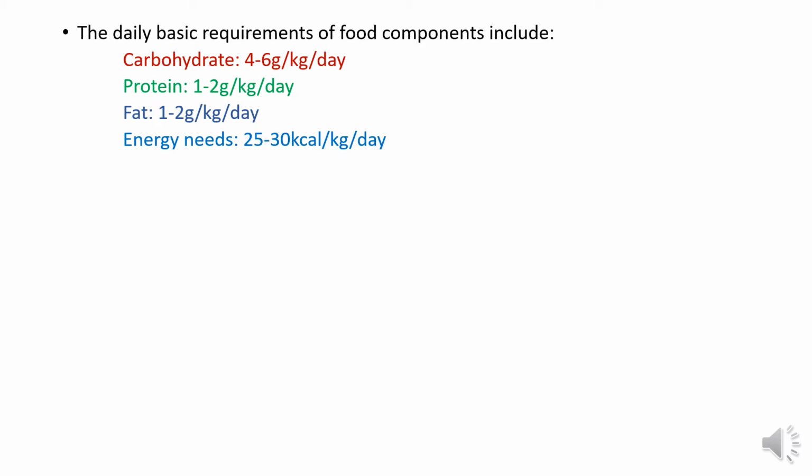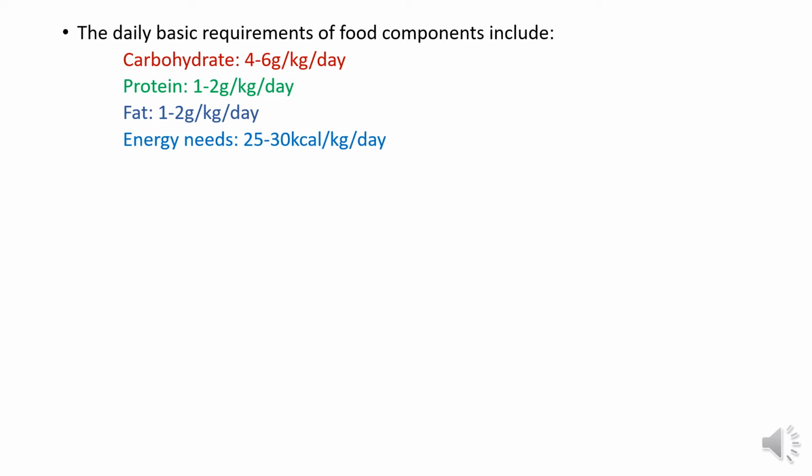Now these values are important. It's important to remember these values for MCQ purposes or for OSCE purposes. It's not very difficult to remember. Just think that of the macronutrients, carbohydrates has the daily basic requirement higher than the others.